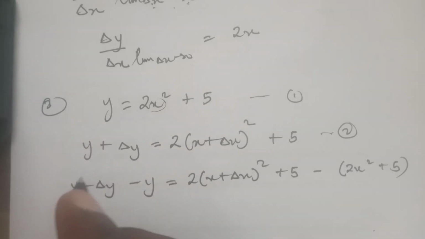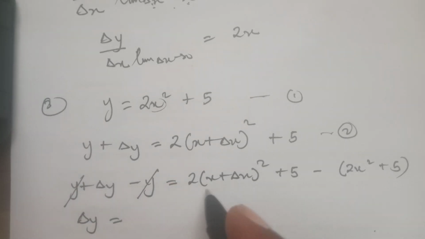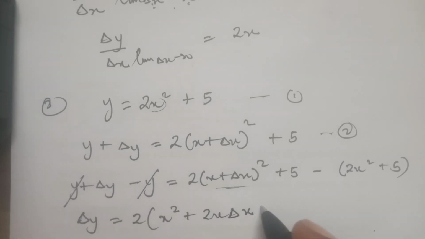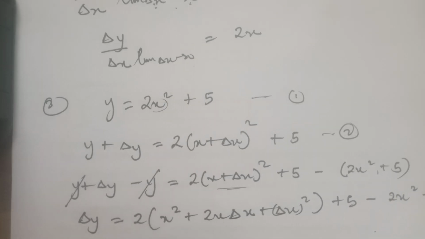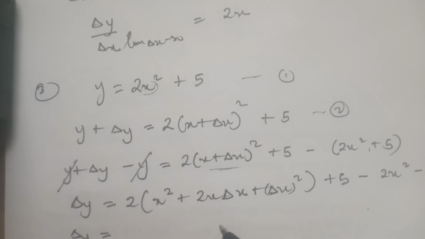So let's continue. This will cancel out this, so we have delta y equals, let's expand this. This is 2 into x squared plus 2x delta x plus delta x all squared, plus 5, minus 2x squared, minus times plus, that's minus 5. So delta y equals, let's open the brackets here.